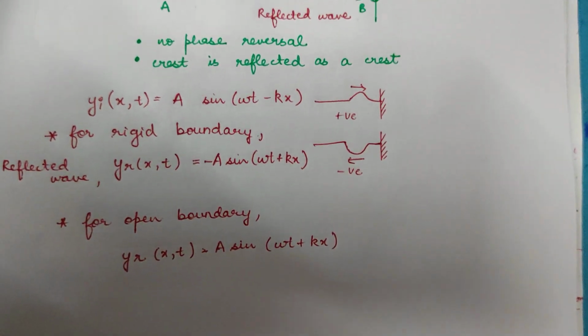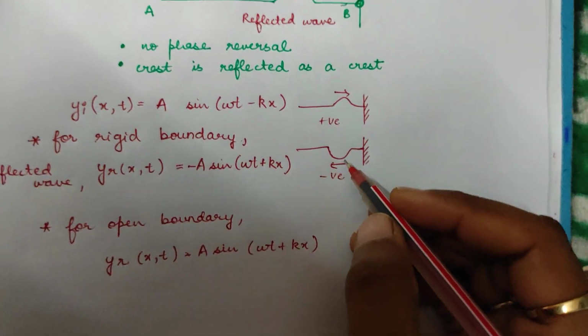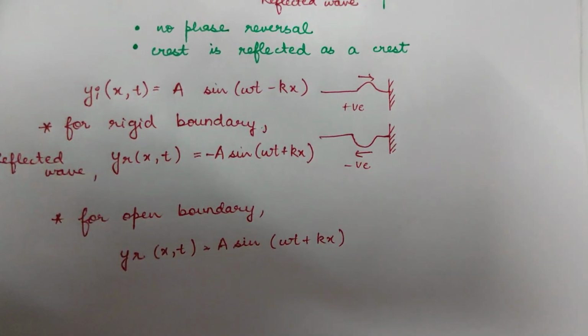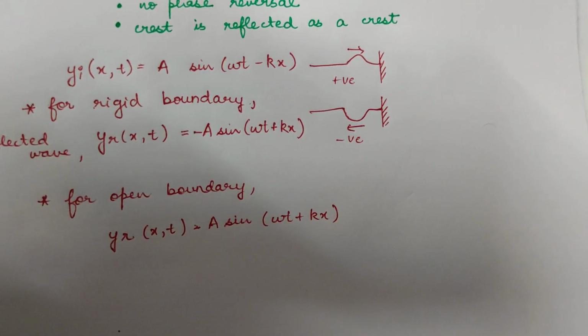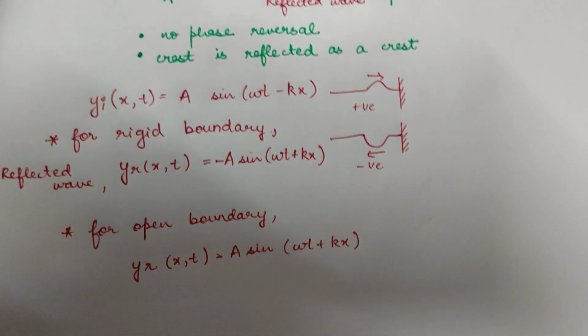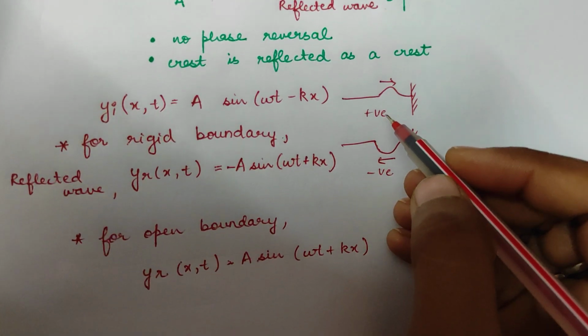Now, in case of reflection from a rigid boundary, as I have told you, we can say that the incident and the reflected pulses meet in opposite phases.